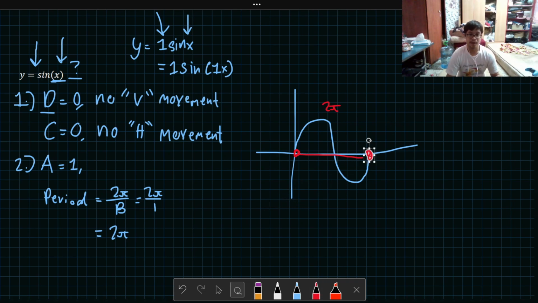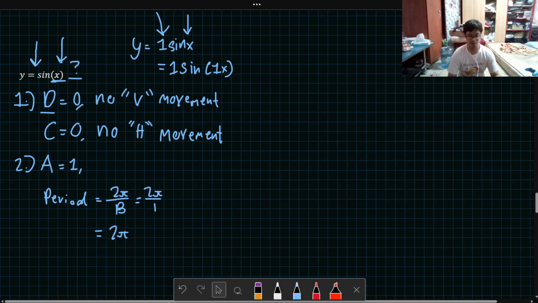It's important for you to understand what these letters A, B, C, D mean, especially what your period is and what your amplitude is. I want you to understand what happens if your amplitude is 2 or 3, or your period is 2 pi or maybe pi or whatsoever, because I want you to have an expectation of what your graph will look like.